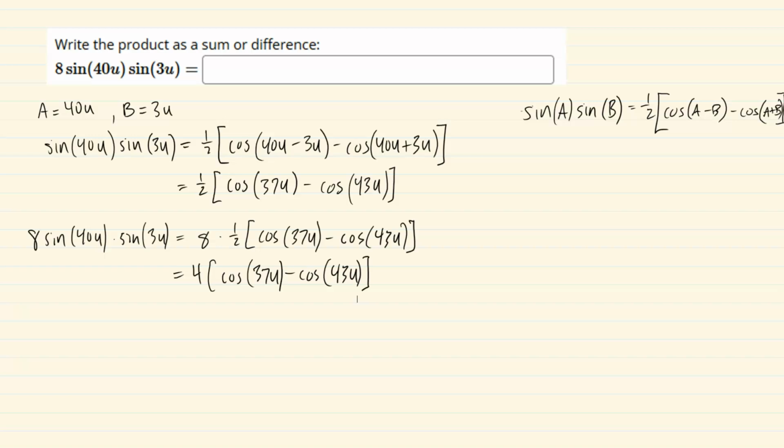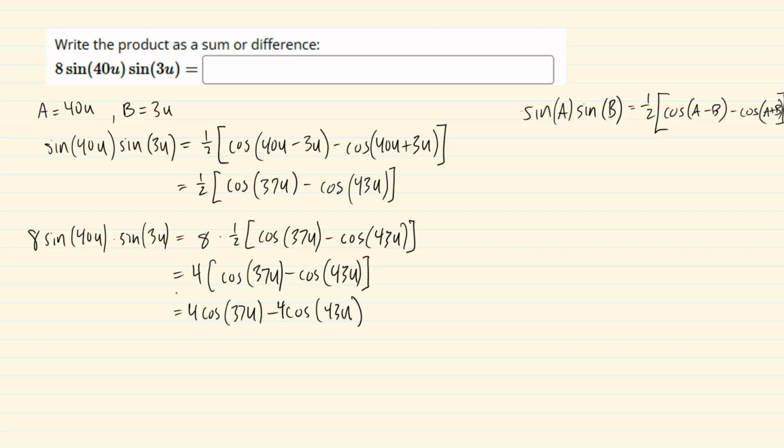And we can lastly just distribute the 4 through the parentheses, and that would give us 4 cosine of 37u minus cosine of 43u. Not really anything else we can simplify there. So that is our, oh, sorry, I didn't distribute the 4.